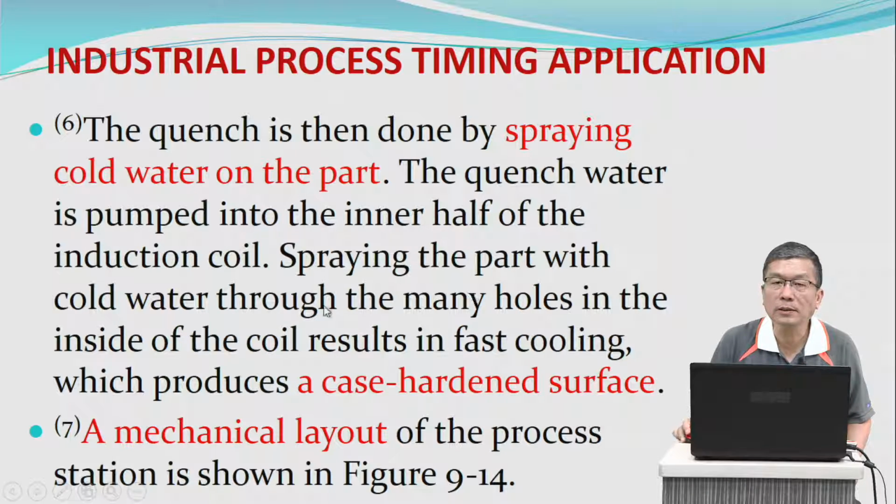Spraying the part with cold water through the main holes in the inside of the coil results in fast cooling, which produces a case-hardened surface. A mechanical layout of the process station is shown in figure 9.14.